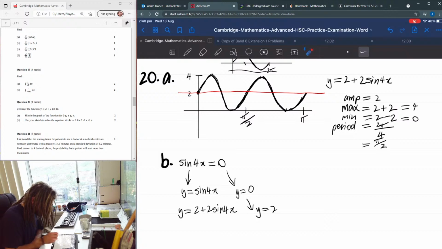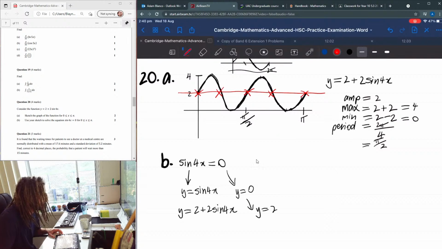So I'm looking for points where these cross. There's a few of them. So the solutions, how many times does it cross? It crosses 1, 2, 3, 4, and 5. We include that because in the question it says less than or equal to, so that's why we do include this and this. So to figure out where they occur.